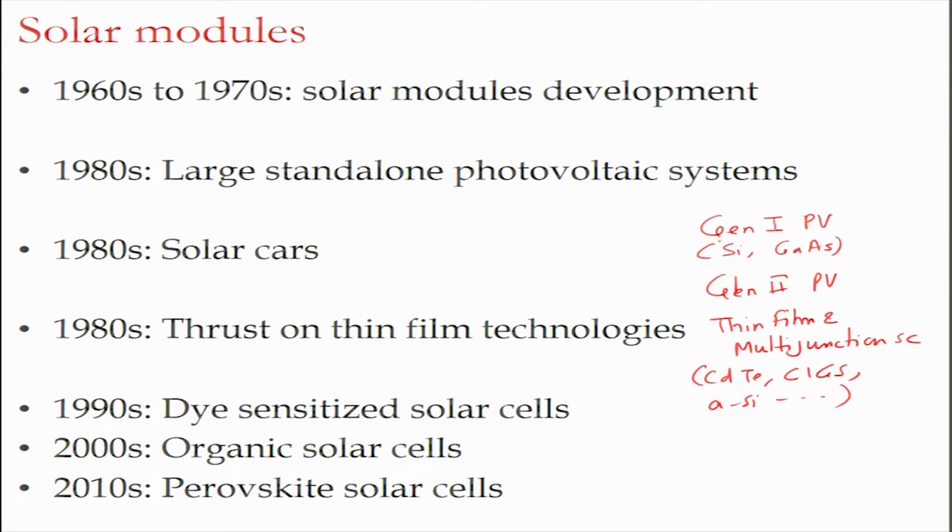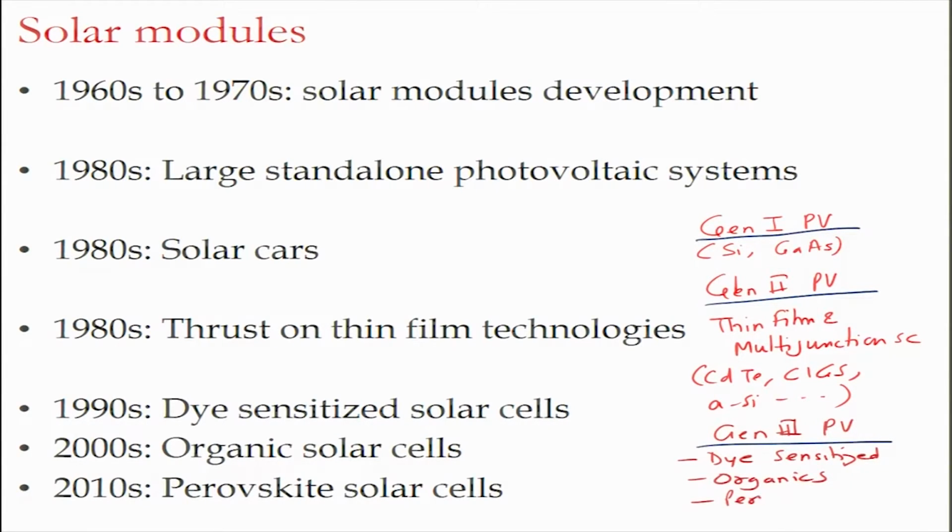So this is Gen 1, this is Gen 2, and then if I now draw a line here, we have Gen 3, which means dye sensitized, organics, and perovskites.